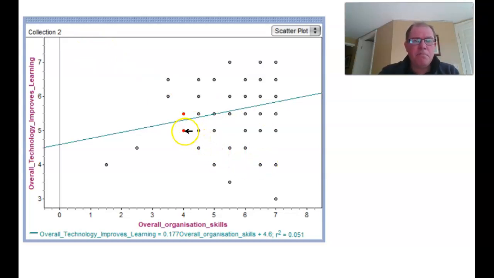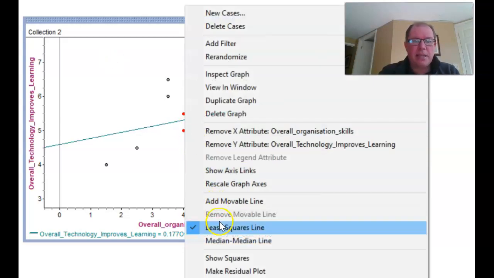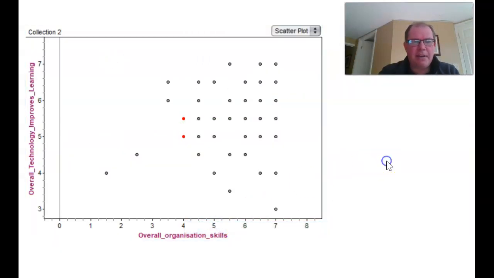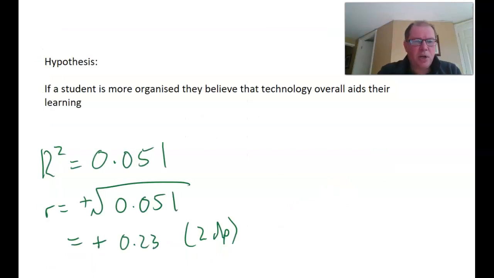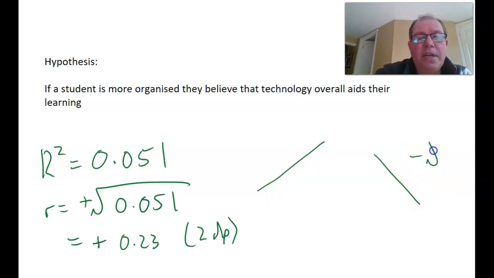So I'm now going to remove the least squares line, because you should never have a least squares line on when there is actually no linear relationship. And let's have a look at that R value. So R squared was 0.051. I took the positive square root because the line was going up. If it was going down, I would have done the negative square root. And we got a positive 0.23, which shows very little correlation, which we could see from our scatter plot as well.